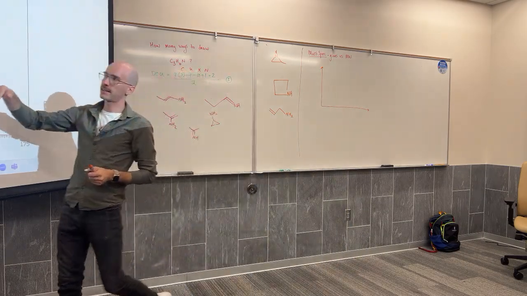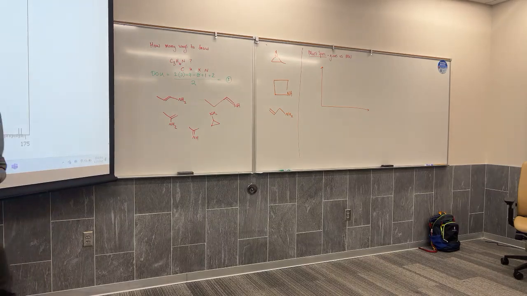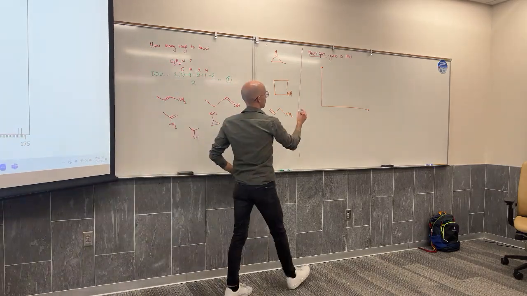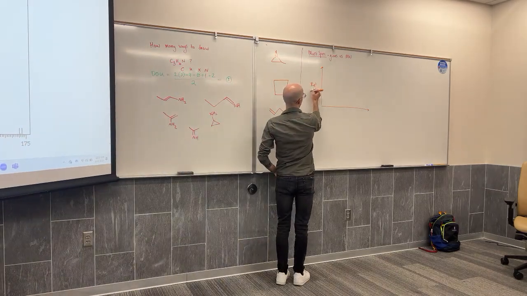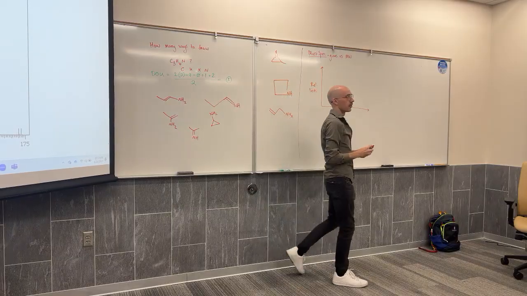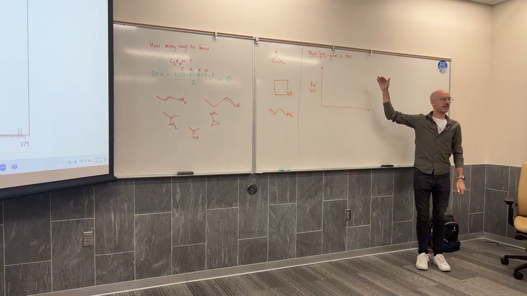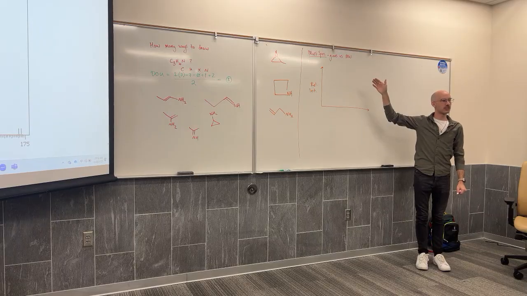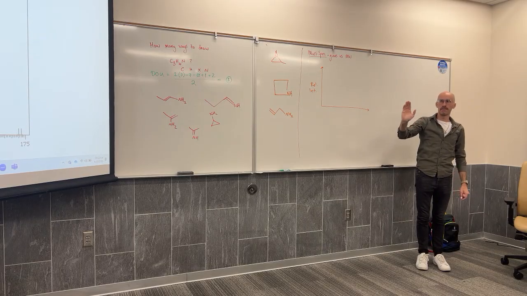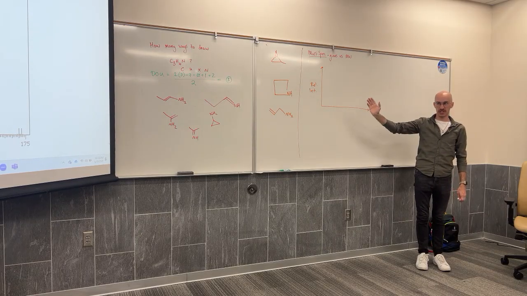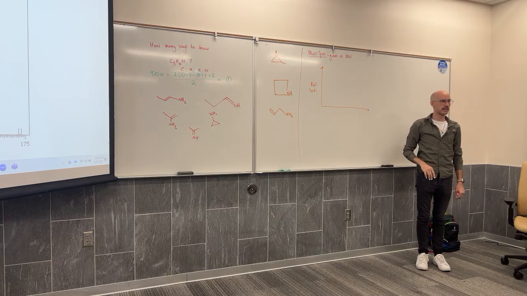Along the y-axis, we have relative intensity. So basically, abundance. How much each signal along the x-axis is present.